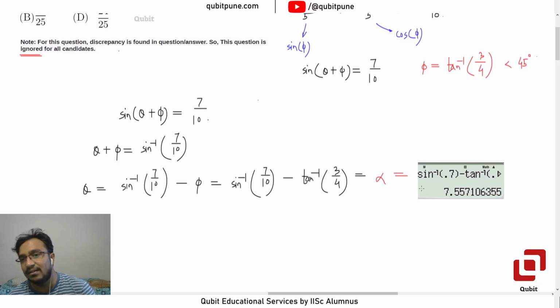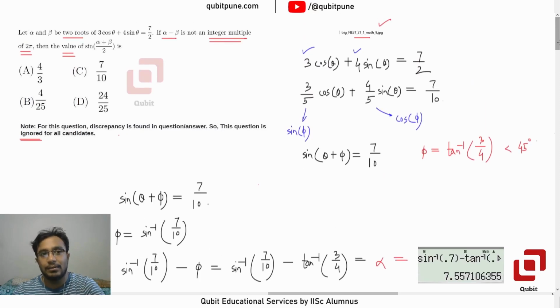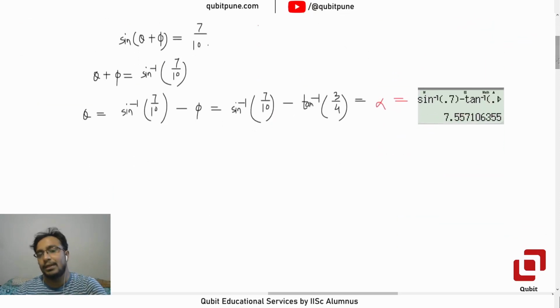They are saying beta and alpha cannot be such that their difference is an integral multiple of 2 pi. Now here is my take. If sine of theta plus phi is positive, then there are two possibilities.